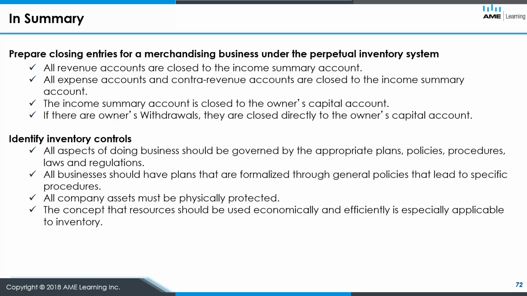So all the revenues, expenses, and contra revenues, remember those, that's kind of a new one for this chapter as well. All of those get closed. The only additional concept we talked about in this chapter is the need to do a physical inventory count at the end of the period to ensure that the accounting records actually reflect the inventory that is on hand.